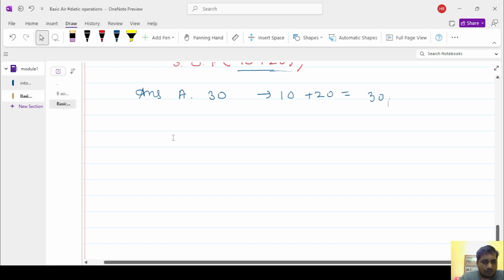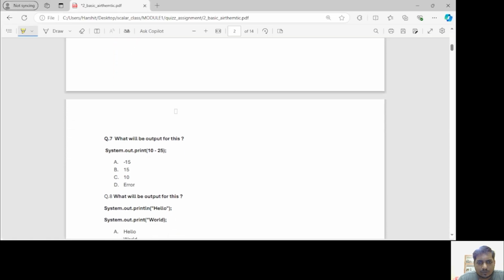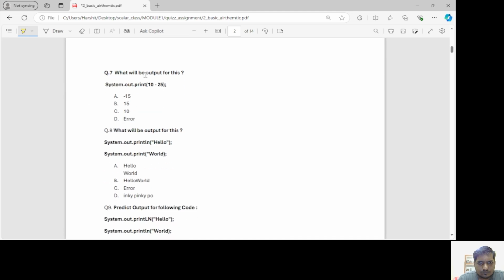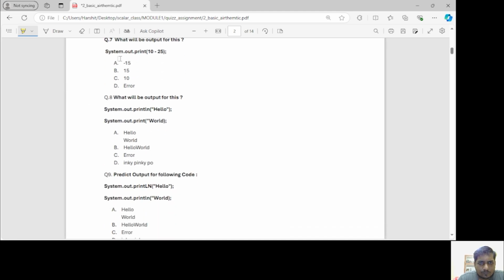Now we will come to question number 7. What will be the output of this? Answer is minus 15. Why minus 15? Because 10 minus 25. Java also gives negative integers in the result. Such operations can also be performed.